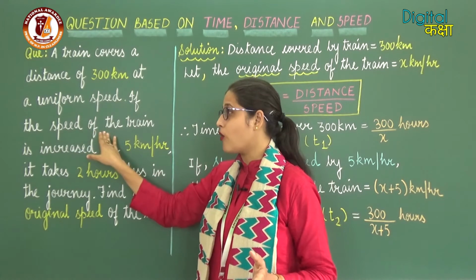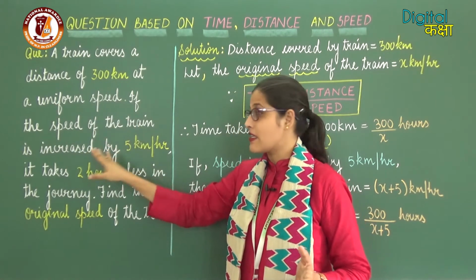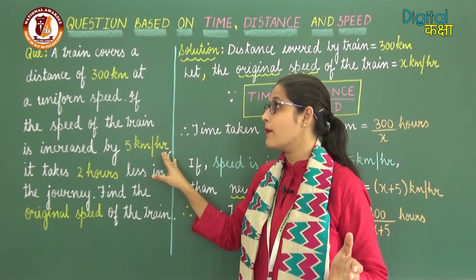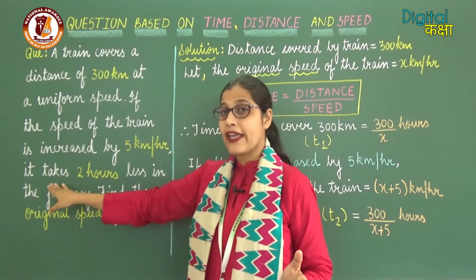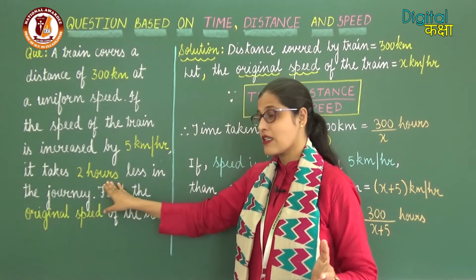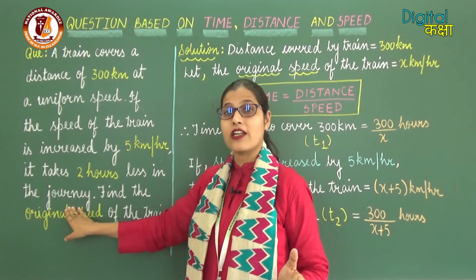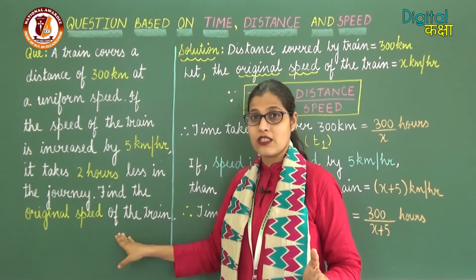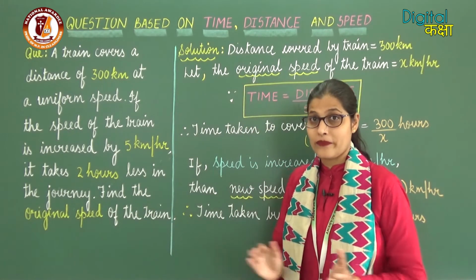If the speed of the train is increased by 5 km per hour, it takes 2 hours less in the journey. Find the original speed of the train.